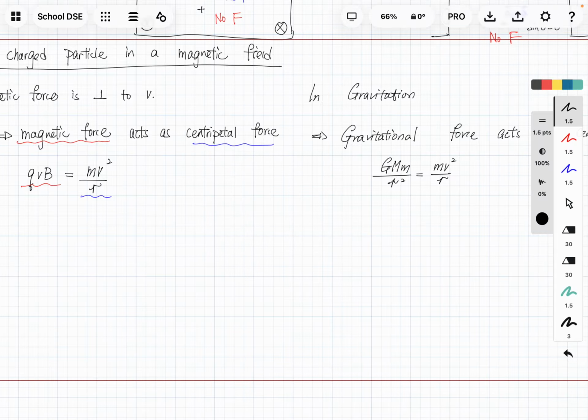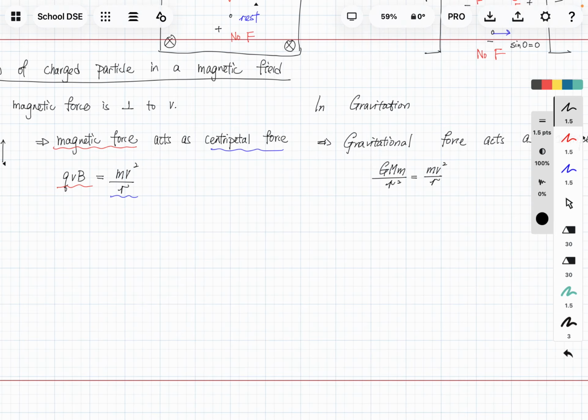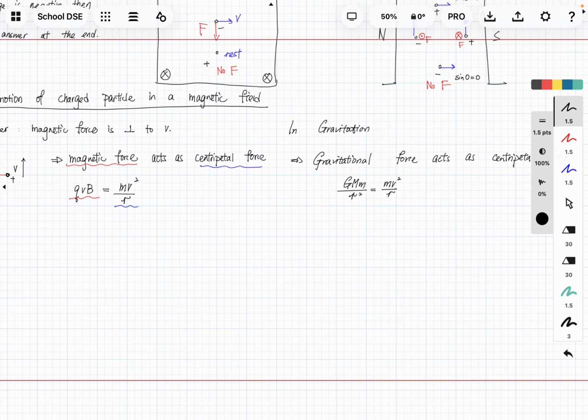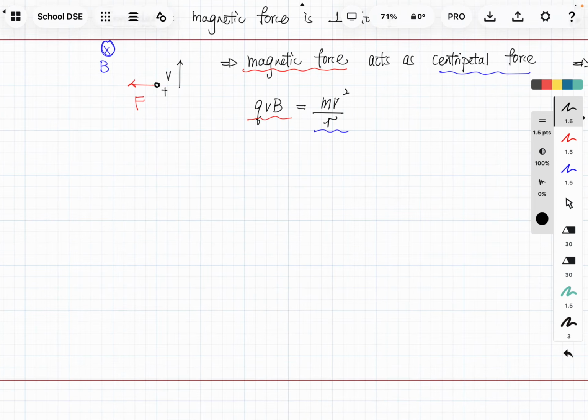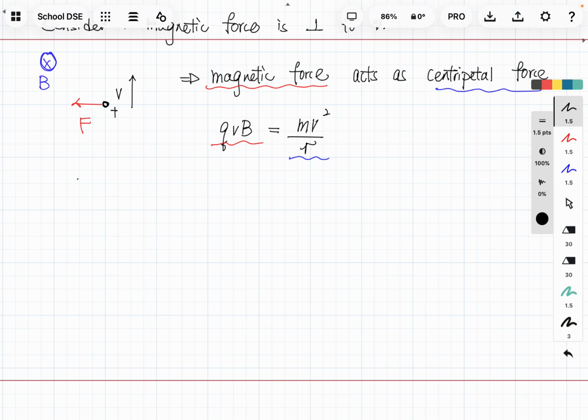A is the area of the coil, and theta here is the angle between B and the normal of A. Compared to the sine theta we did before, this cosine theta is relatively less frequent.